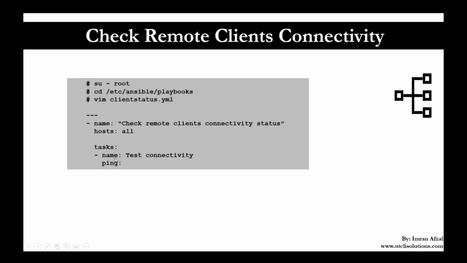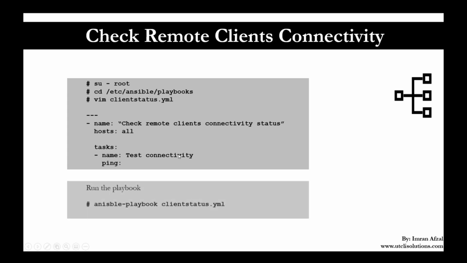The task is the same, the name is the same, the module that we are using is the same. And of course, the command that we will use to run that playbook is the same as well, which is ansible-playbook and the name of that playbook.